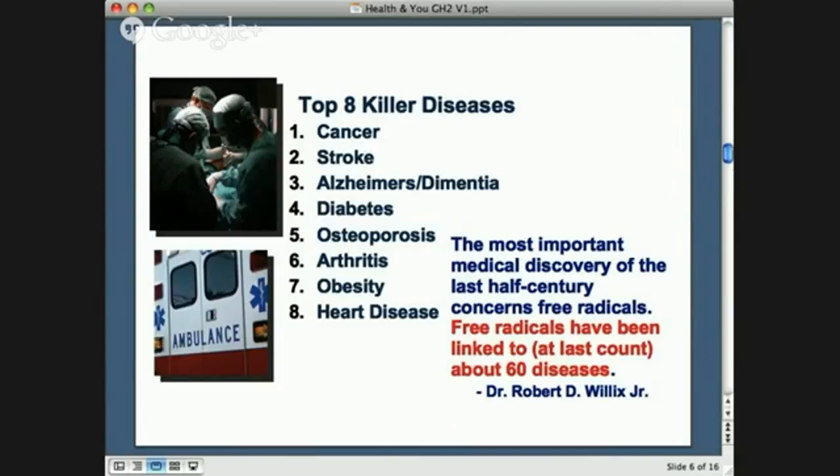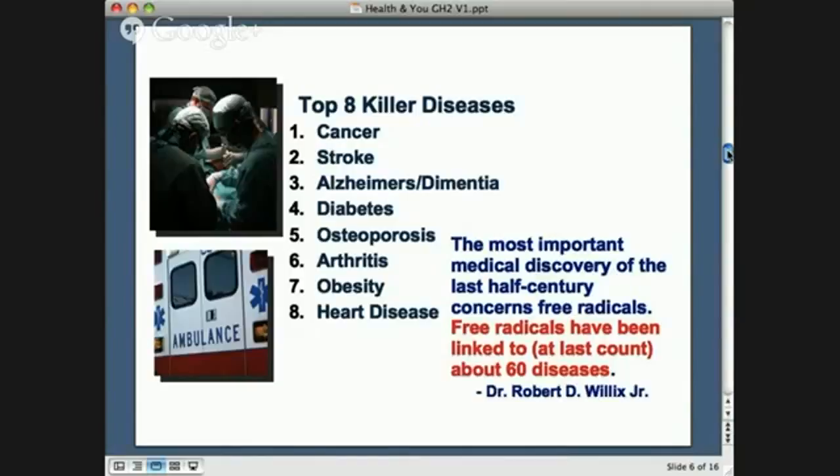So what we find is that there's a number of diseases that are becoming more prevalent. It's an unfortunate reality that our lives are plagued by premature death from such diseases as cancer, stroke, Alzheimer's, diabetes, and the list that you see there. The majority of these diseases are caused by poor lifestyle, as I said earlier.